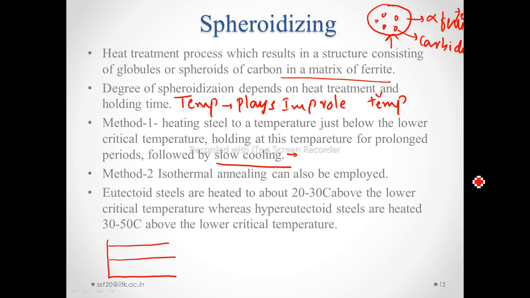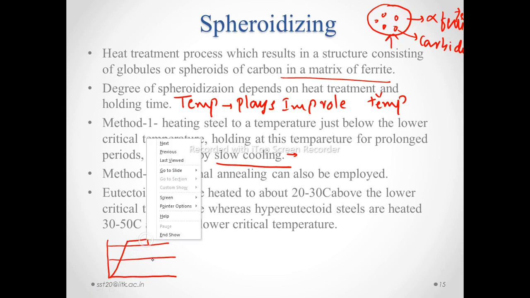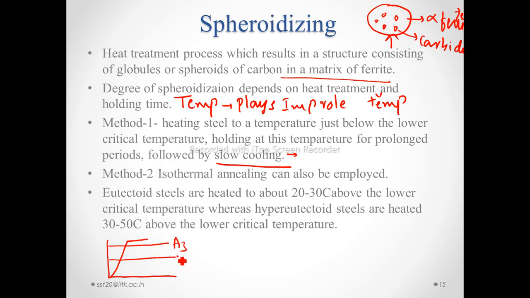Isothermal heat treatment is heating the sample above A3 and holding it for a longer duration of time, and then cooling to just below the A1 temperature, holding it for some duration, and then cooling. This is called isothermal annealing. From this we can also get the globular or spheroidal form.